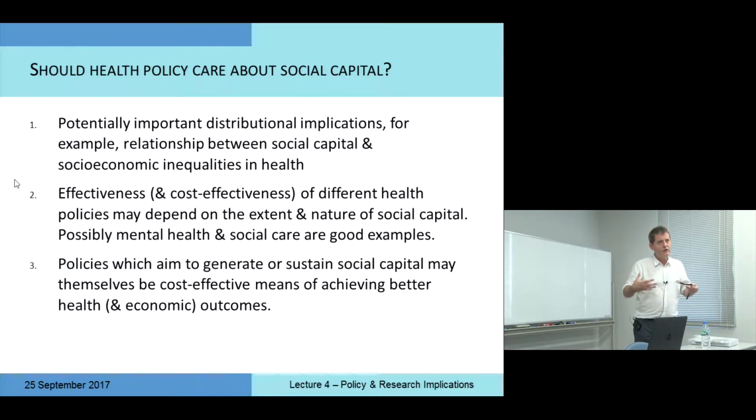So that's seeing social capital very much as an input, that along with all the hospitals and the health services and the healthcare personnel, you maybe also need social capital to get the greatest health benefits from those investments. Maybe mental health and social care are really good examples of this, where it's not just enough to look at the traditional inputs to healthcare, such as doctors, nurses, drugs, etc. You maybe have to look at other inputs to healthcare, in particular the social capital.